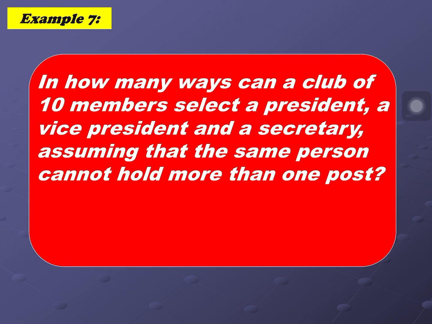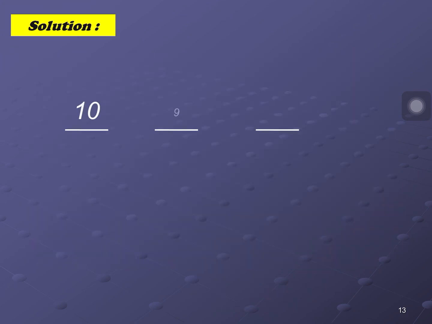Let's look at example 7. In how many ways can a club of 10 members select a president, a vice president, and a secretary, assuming that the same person cannot hold more than one post? We have 3 positions in this club: the president, vice president, and the secretary. This is super easy as well.